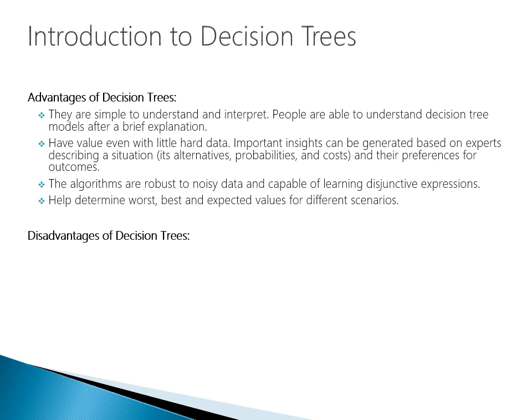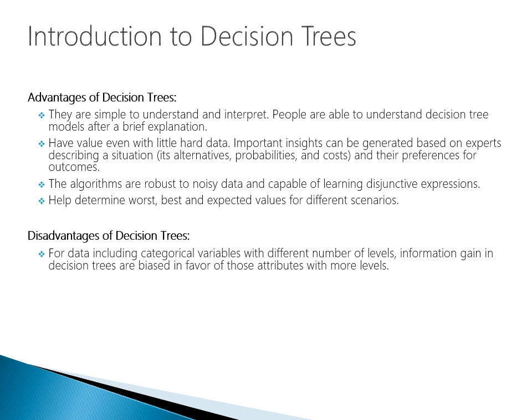There are some disadvantages of decision trees that should be noted. For data including categorical variables with different number of levels, the information gain in decision trees is biased in favor of those attributes with more levels. So if I have variables that have high, medium, and low, or many different categories or hierarchies within, the trees tend to grow in favor of those type of variables.